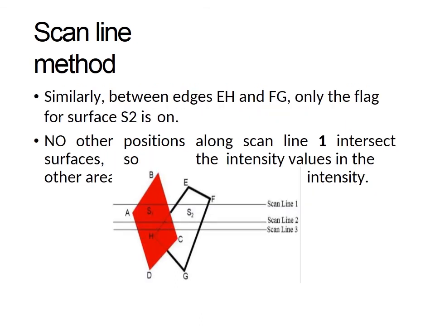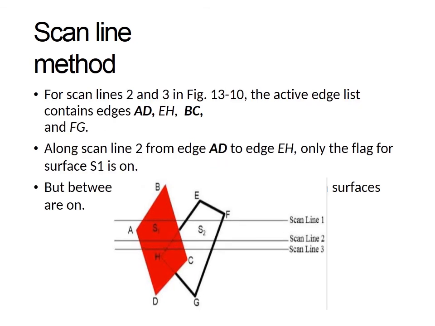Similarly, between edges EH and FG, only the flag for surface S2 is on. No other position along scan line 1 intersects a surface, so the intensity values in the other areas are different.